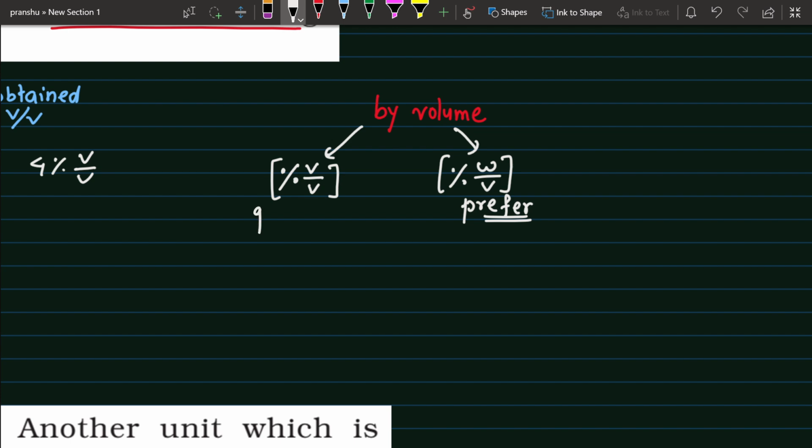If it is given in the question that we have to use percentage V by V, then only we use this. Otherwise we prefer W by V, mass by volume.